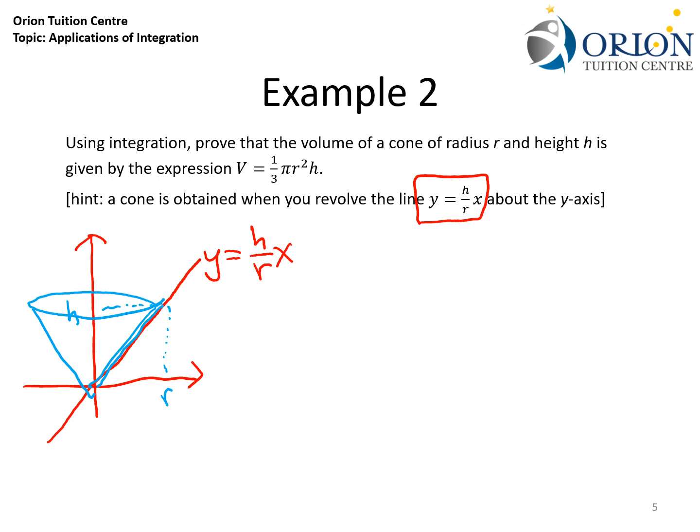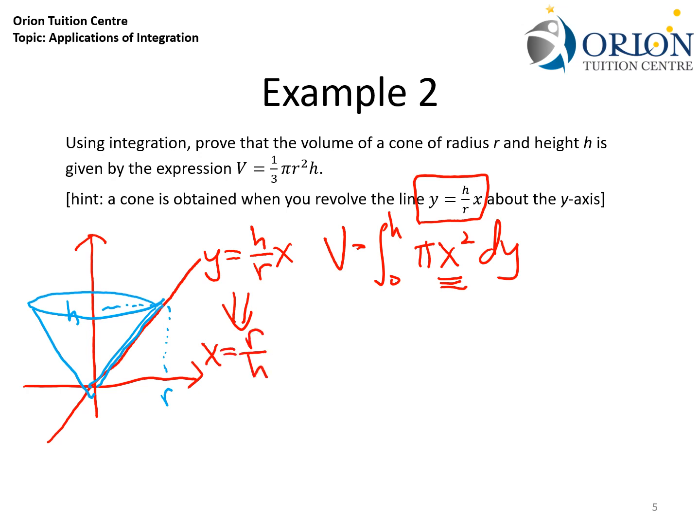Therefore, for us to find out the volume of this cone, we simply have to do integrating of pi x square dy. So V equals to integrating from 0 to h pi x square dy. And of course, if we are going to find a substitution for the x, we will have to make x the subject. If y is equals to h over r times x, x will be equals to r over h times y.